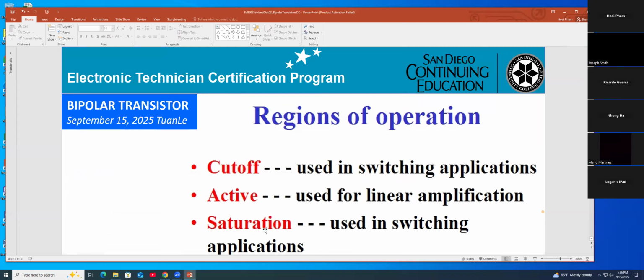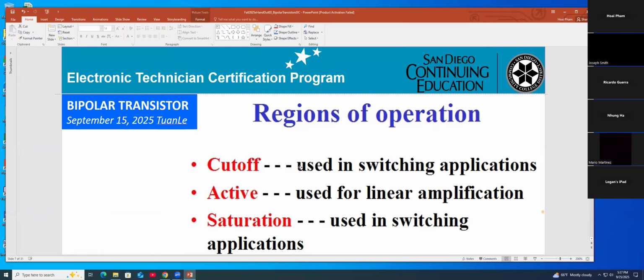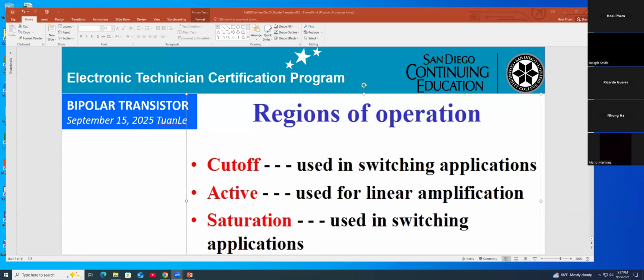That is the region they will be working in. Cutoff is used in switching application.